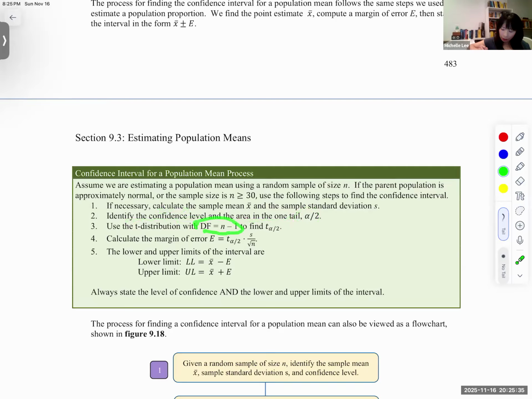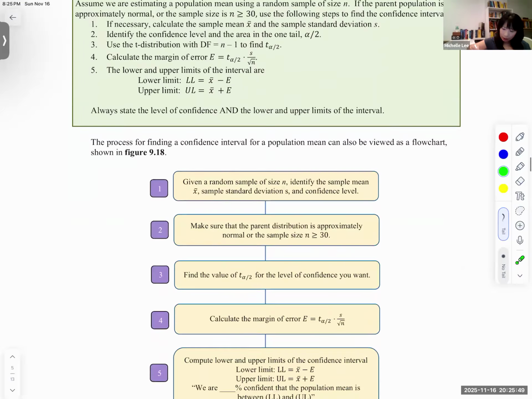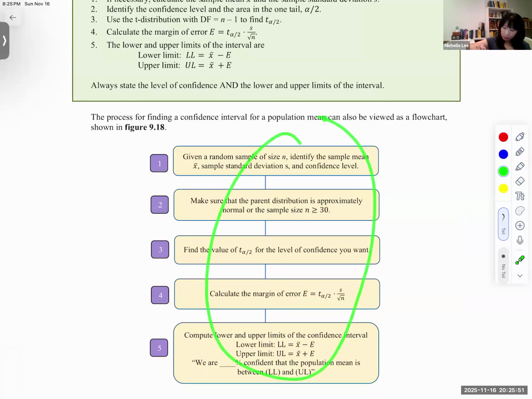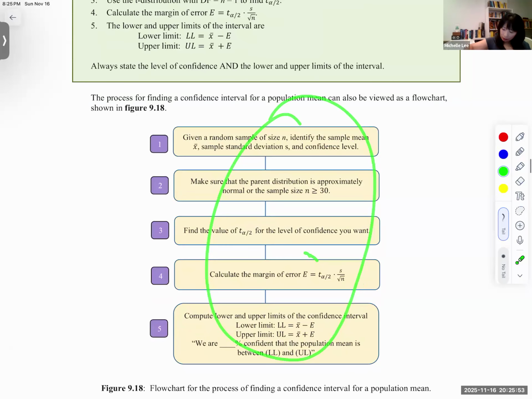And the degree of freedom, df, and then find the t score, and calculate the margin of error, and lower limit, upper limit, and then conclusion, right? Okay, so let us do that. This is the same as the process.